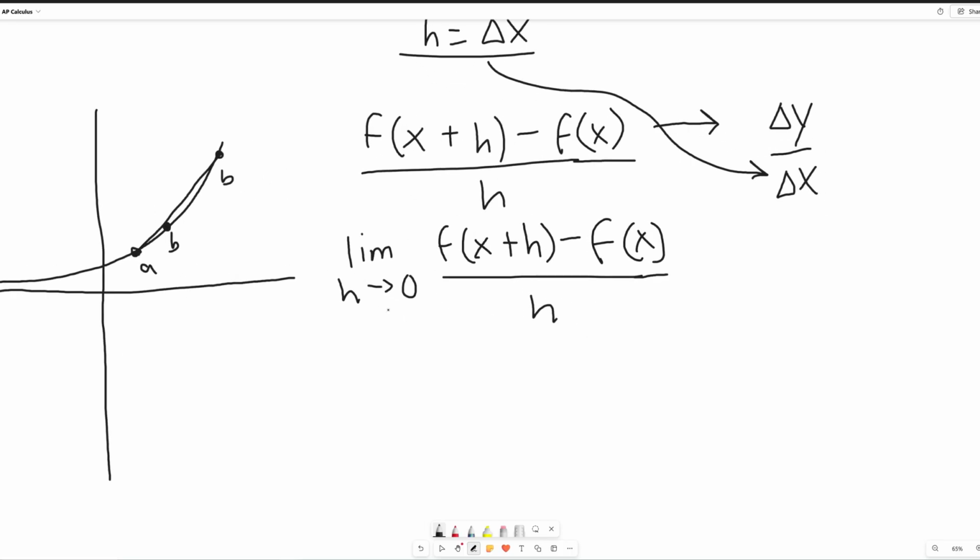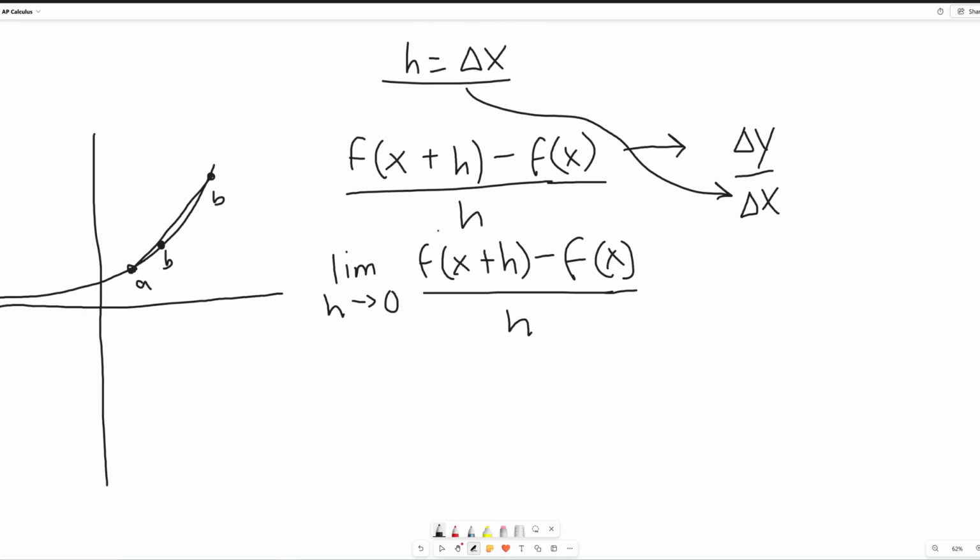So, as h, which is the change in x between the 2 points, goes towards 0, this is just our average rate of change function at that point, at the original point, because the change in h will eventually be 0. But if you look at this, we're going to have a 0 on the bottom. So that looks like it's going to be a problem. But I'll show you why it ends up working out.